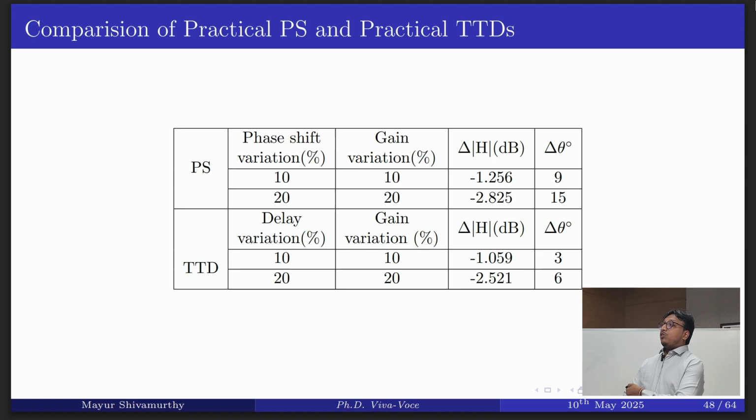Though compared to the phase shifter they offer less beam squint, the practical TTD circuit also offers certain beam squint, and it is very important from a design point of view to consider these gain variations and delay variations for designing these TTD circuits.